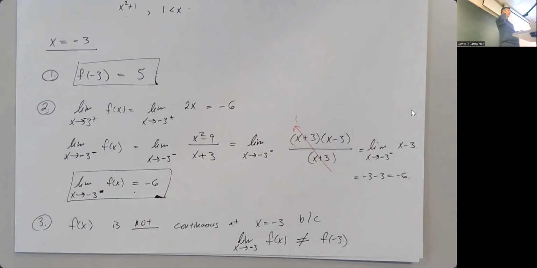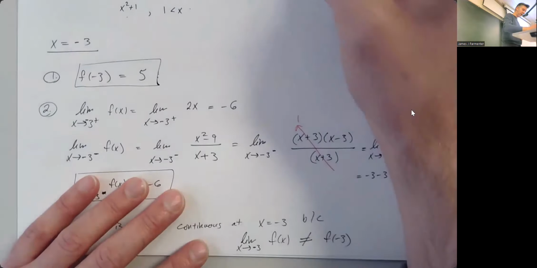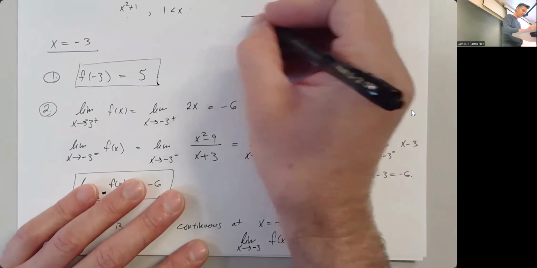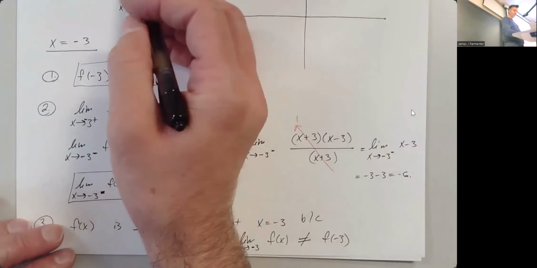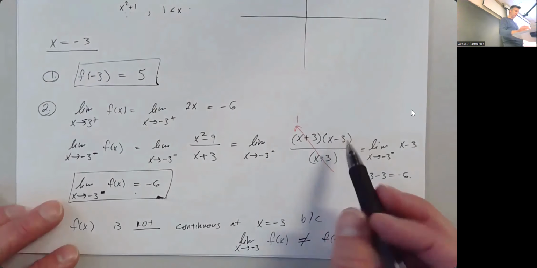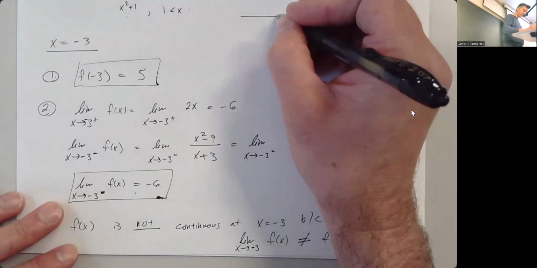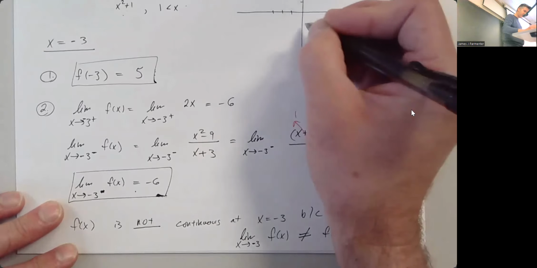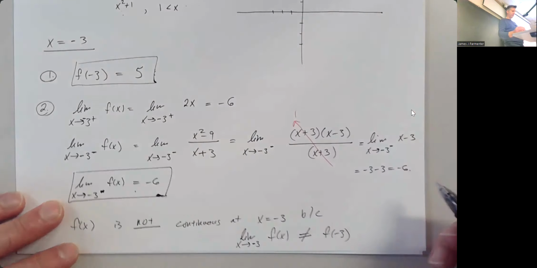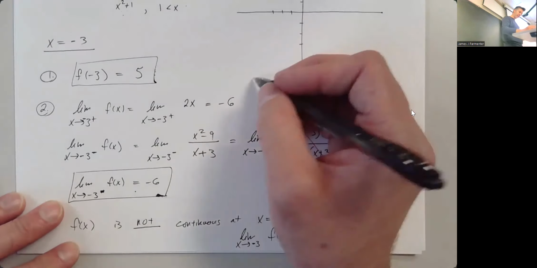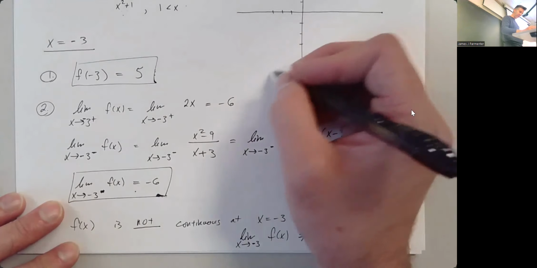And what's happening here graphically is you essentially have a hole, right? In fact, we can draw the graph here. We have x squared minus 9 over x plus 3, which looks like x minus 3. Sorry, I'm giving myself not a lot of great room for my graph here.